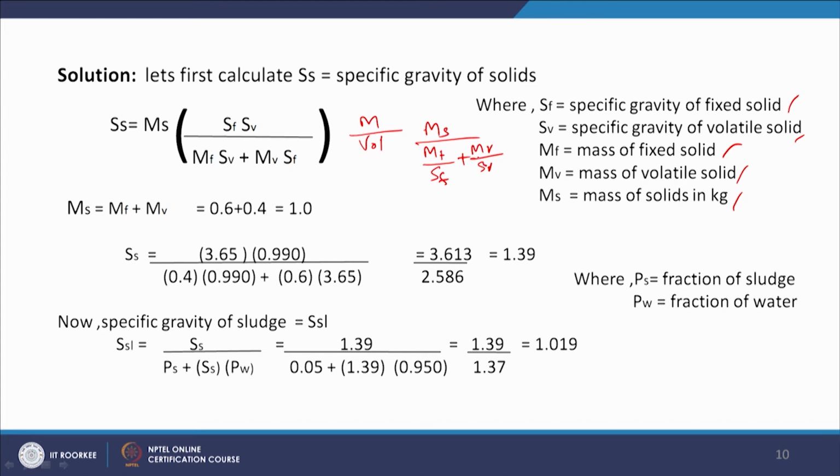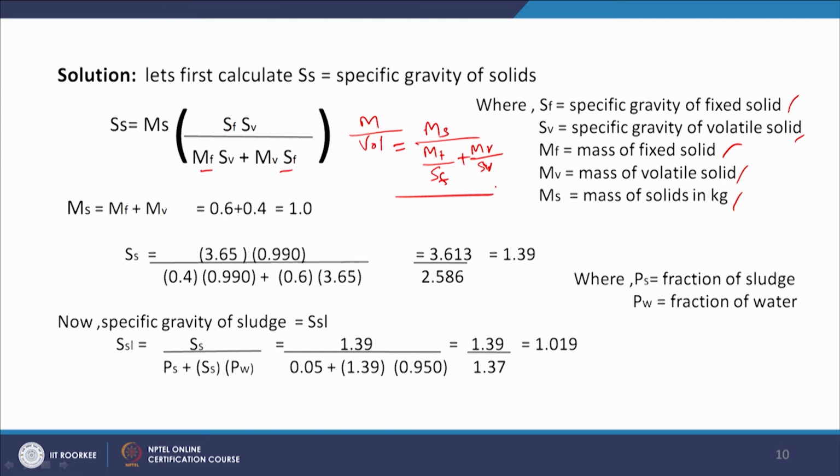So, this is by definition of specific gravity. Okay. So, this is equal to this one, or by rearranging we get this expression: MS into SF SV in the numerator, and in the denominator MF SV, this term, and MV SF, this term. So, this term has come from this basic expression.